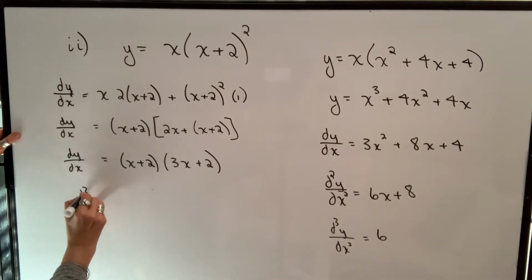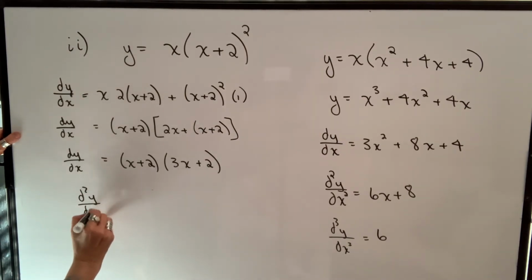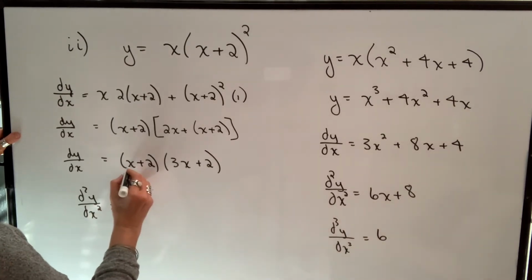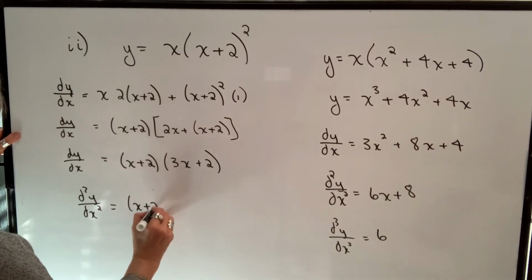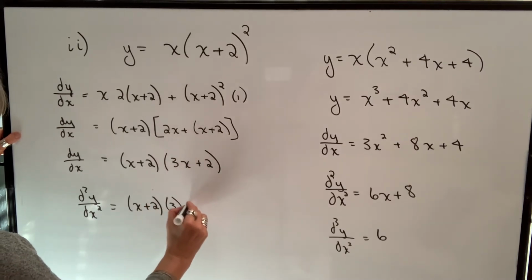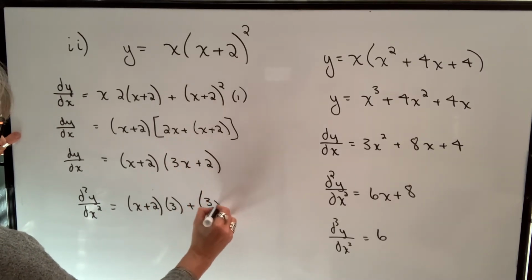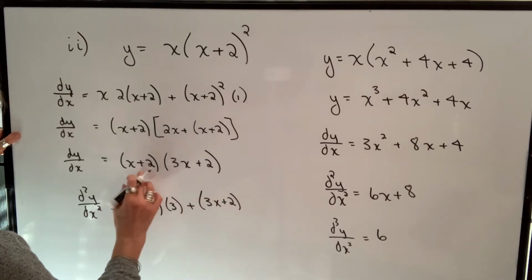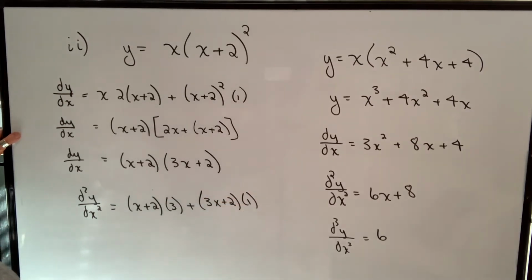Then my second derivative, again, I could use the product rule. So I take x plus 2 times the derivative of 3x plus 2, which is 3, plus 3x plus 2 times the derivative of x plus 2, which is 1.